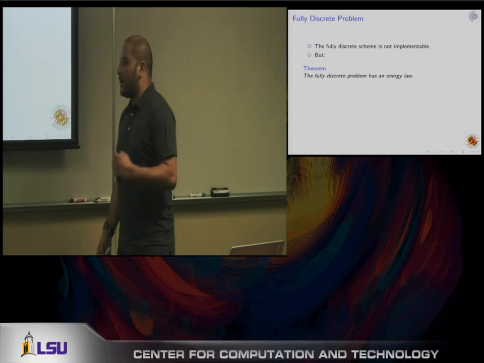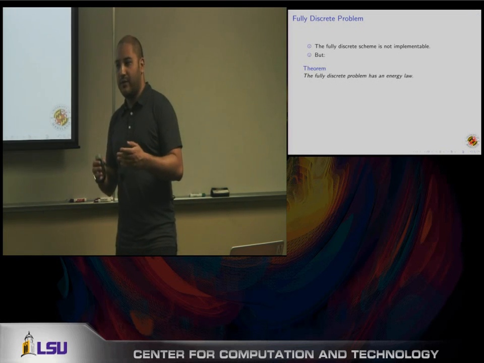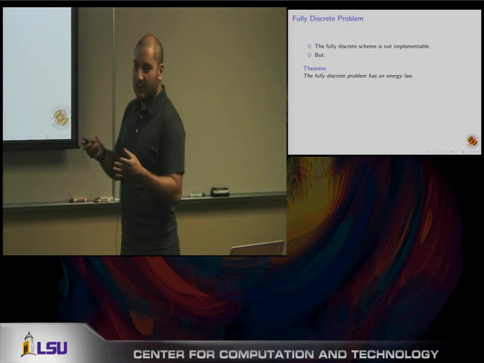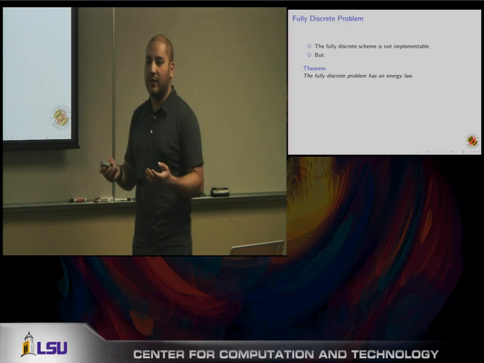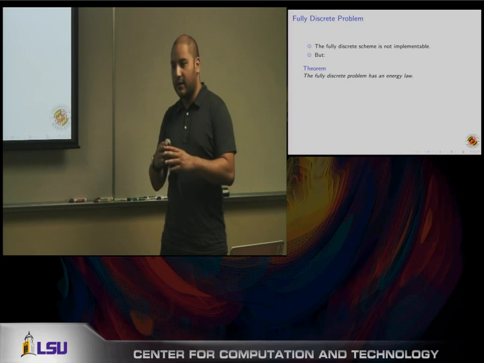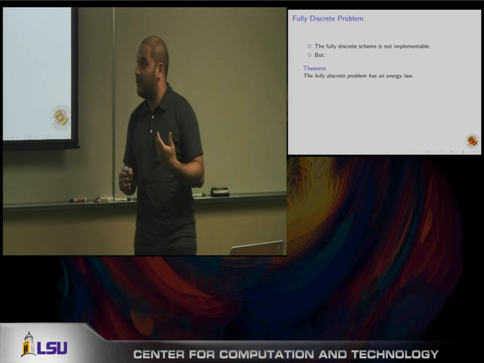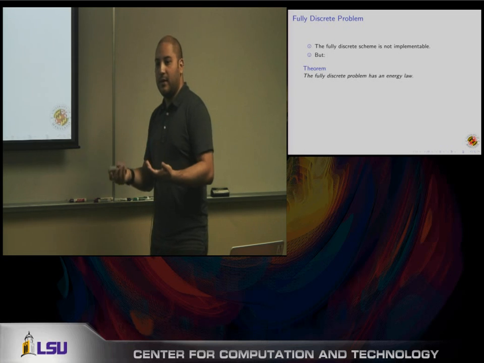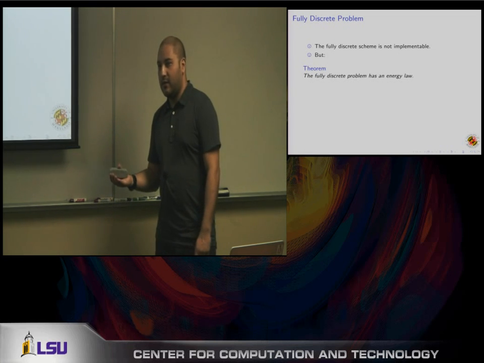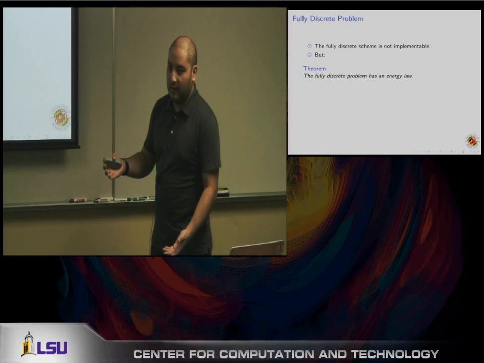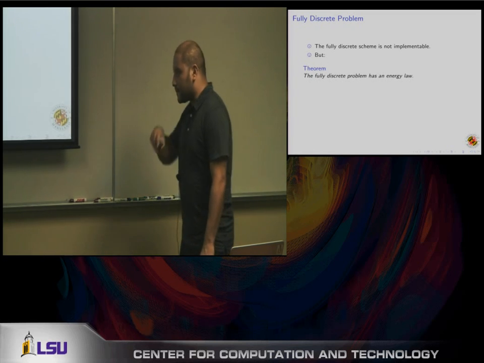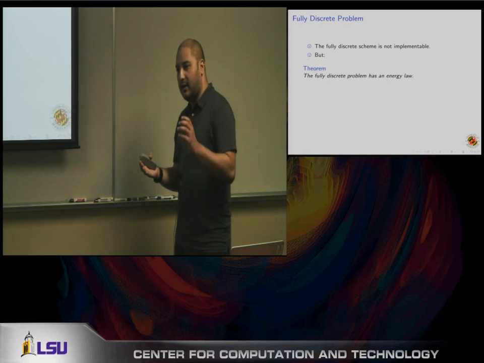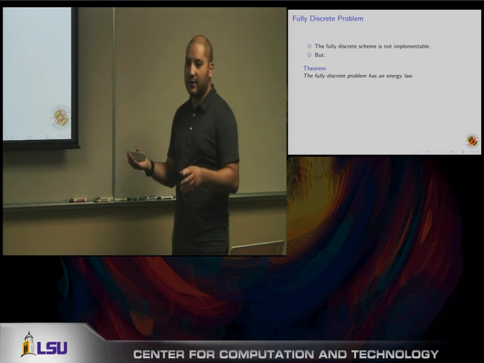However, the nice thing is that because of the way we wrote it, because everything is fully implicit, this problem has a discrete energy law. This energy law is going to be a complete analog of the formal energy estimate that we obtained for the continuous problem. So again, we're obtaining a priori bounds on a solution of this problem if it exists. And moreover, these bounds are in the right spaces and independent of all the discretization parameters.